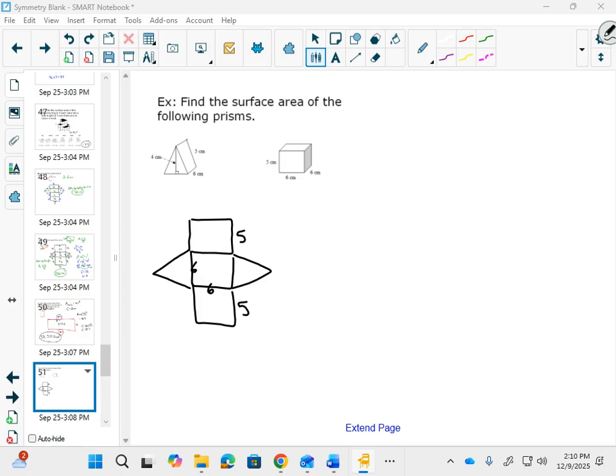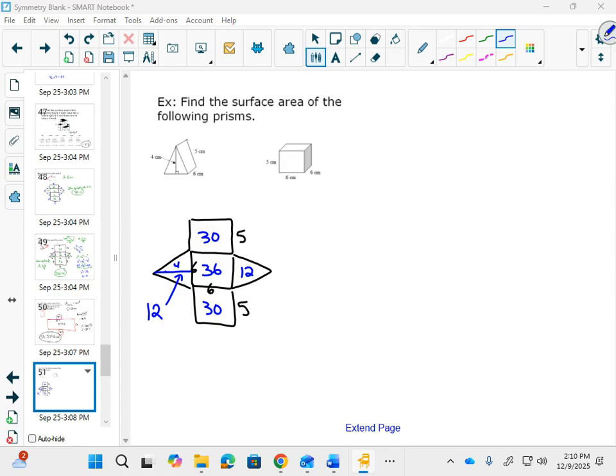So that would mean this area is 30, 30, and this area is 36. Here we're told this part is 4, right? That length is 4, so this area is base times height divided by 2, which is 12, and this area is 12 as well.